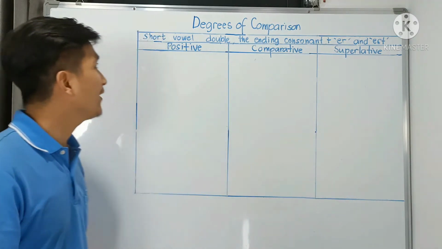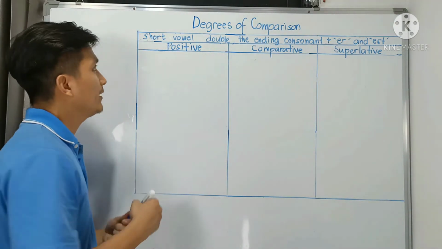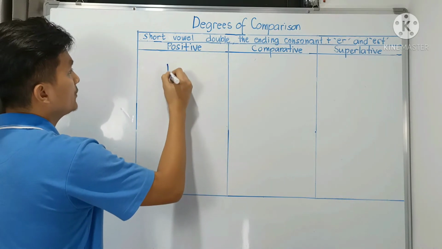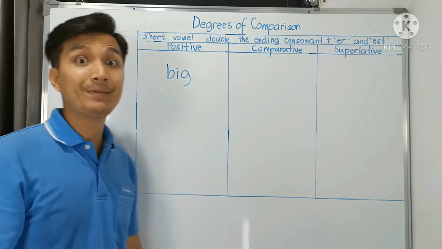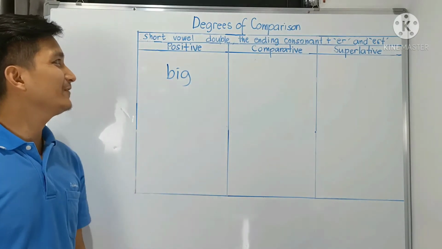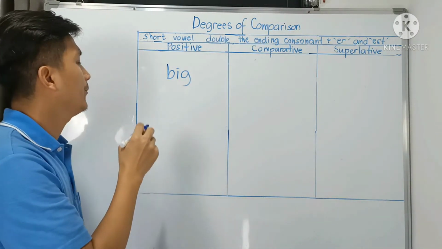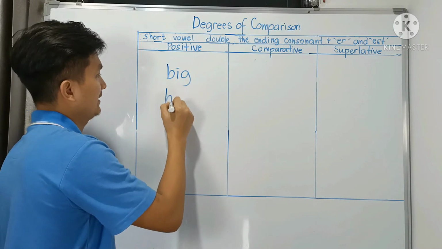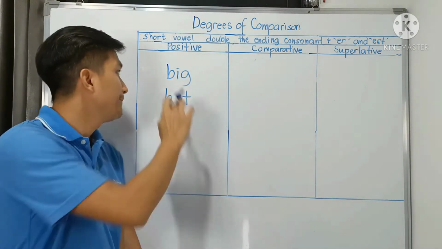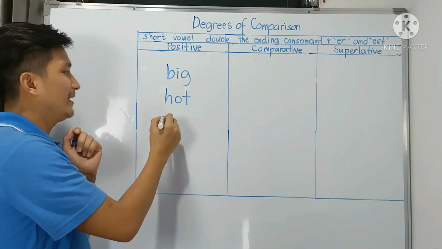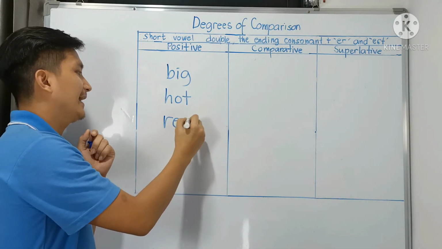So let's think of short vowel, one-syllable adjectives, for example: big. The adjective, big. What else? Hot. Big, hot. And another one is red.